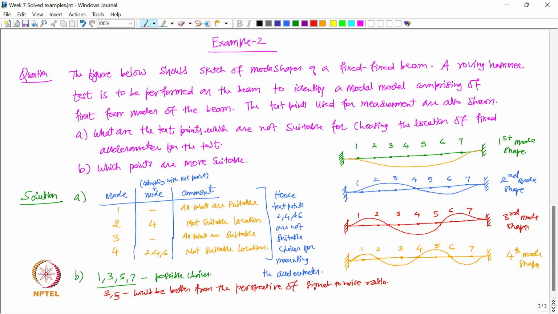They are preferable, they will have higher signal to noise ratios compared to points 1 and 7, right. So, in this way I think we complete the solution of example 2.